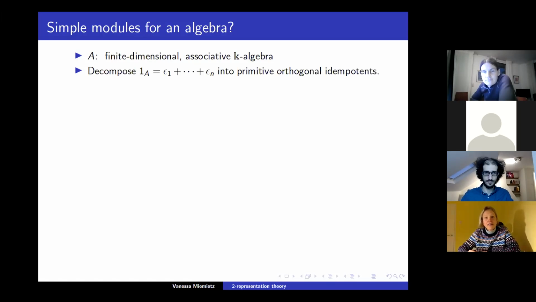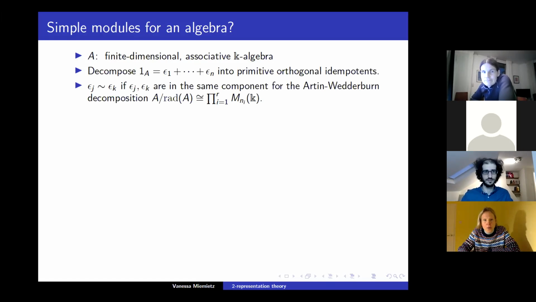Well, you could try decomposing your identity into primitive orthogonal idempotents. And then those have an equivalence relation on them, which here I want to phrase as: they're equivalent if, when you factor out the Jacobson radical, you have a product of matrix rings. Remember, we have an algebraically closed field, so we're just matrix rings over the field. And two idempotents are equivalent if they end up in the same matrix ring.